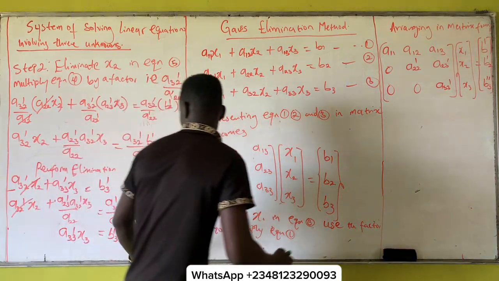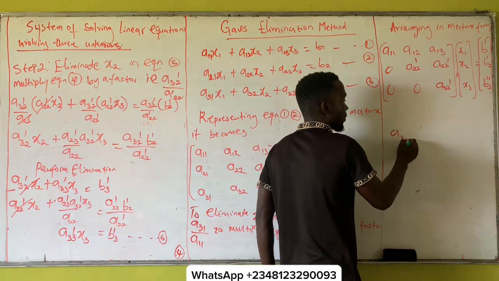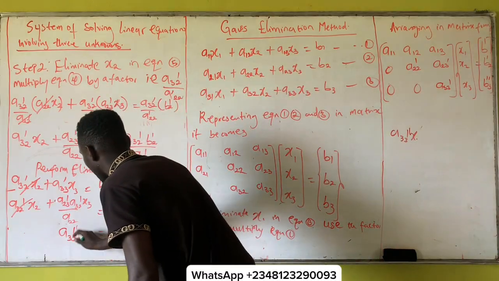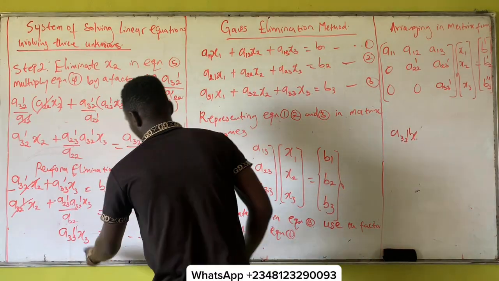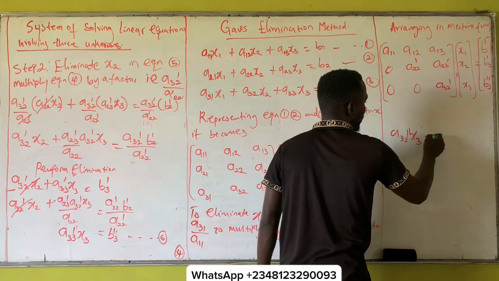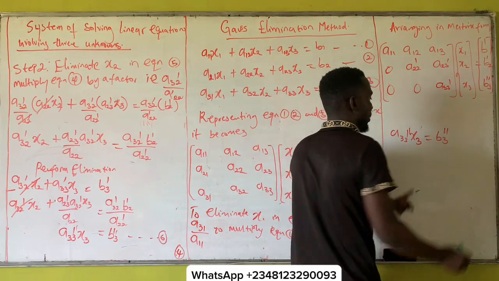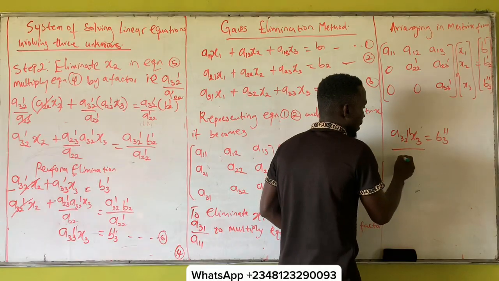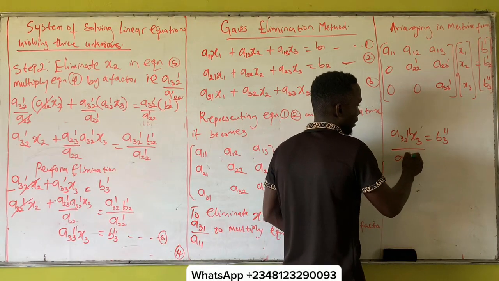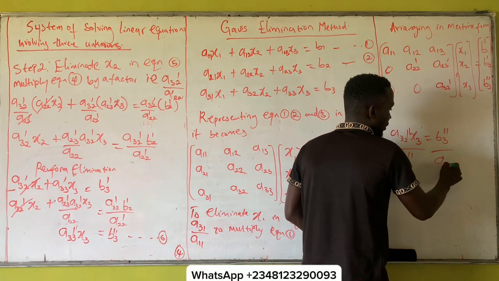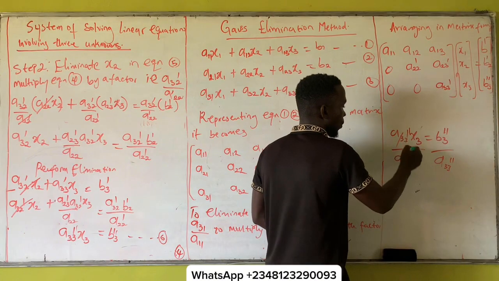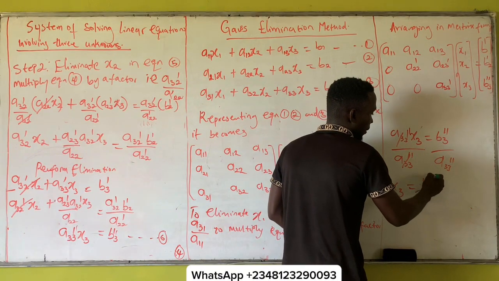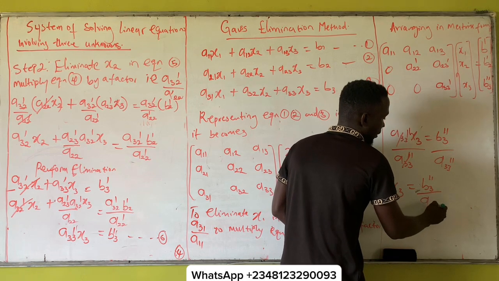If you look at equation 6, you can see that A33 prime x3 is equal to what? B3 prime. If we want to get the value of x3 here, you can simply divide both sides by A33 prime. This one will cancel this. So x3 here will be equal to what? B3 prime divided by A33 prime.